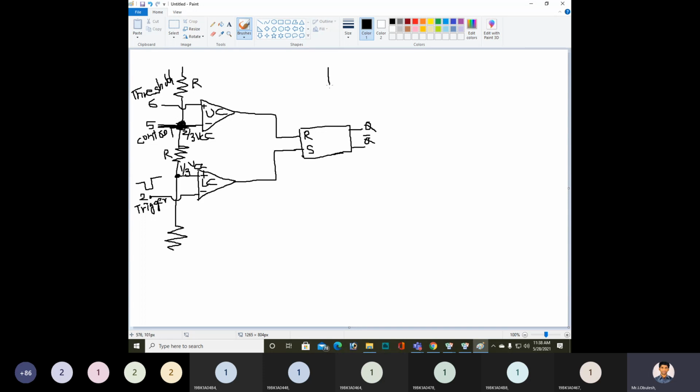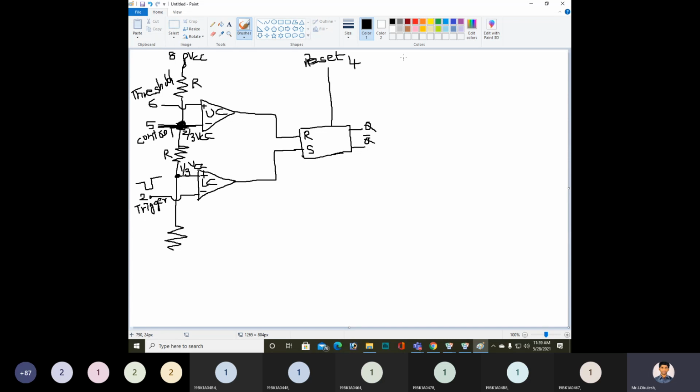So this is the reset. Here this is the VCC, nothing but 8th pin. The reset is nothing but 4th pin.